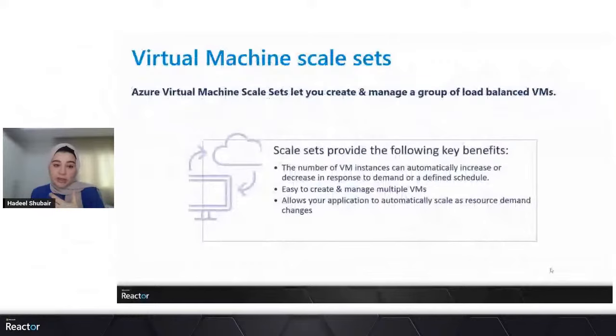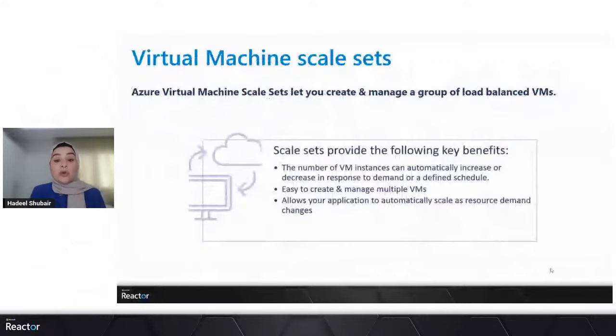With virtual machine scale sets, it helps you create, manage, and deploy a group of load-balanced identical virtual machines. With scale sets, the number of virtual machine instances can automatically, as I mentioned, depending on your demand, increase or decrease. So if there's some kind of fluctuation, it will decrease.